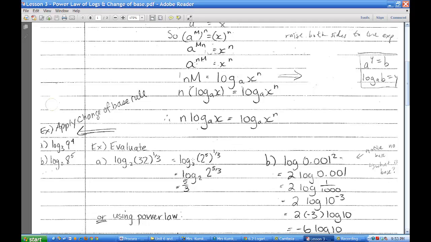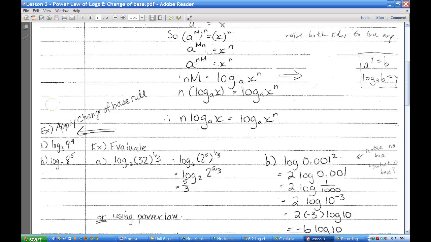I can do it this way: log base 2 of 2 to the power of 5, which is 32, to the power of 1/3. I simplify it, multiply the exponents, and I get log base 2 of 2 to the power of 5/3, which just gives me 5/3, the exponent that the base was raised to get this answer.